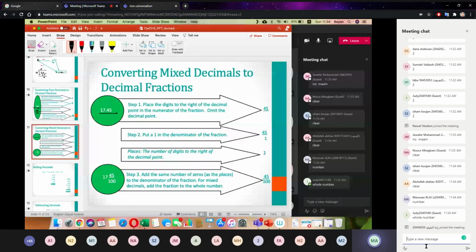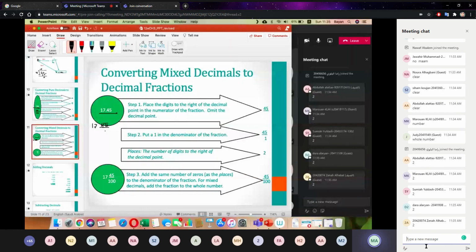So 45. How many values on the right? 2 values. So we will have 17. We can write 45 divided by what will be 100.